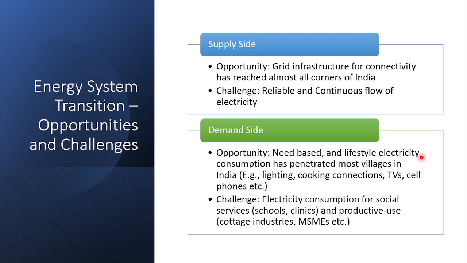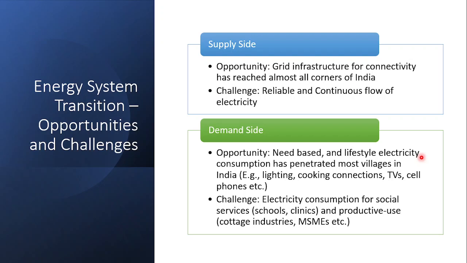All right, so what are the opportunities and challenges for the energy system transition in India? Okay, so you have the supply side and the demand side. On the supply side you have grid infrastructure. Most recently, I think about 2-3 years back, the government announced that 100% of villages are electrified.